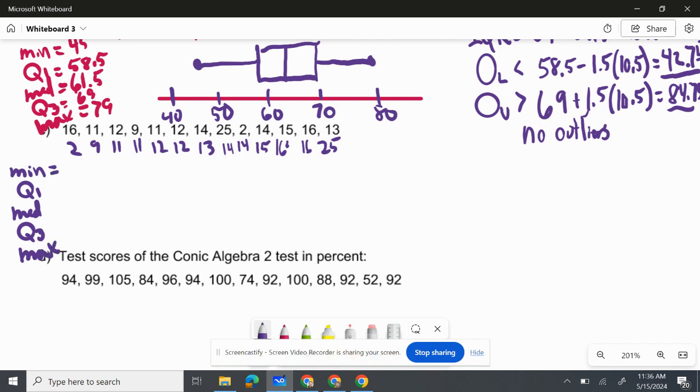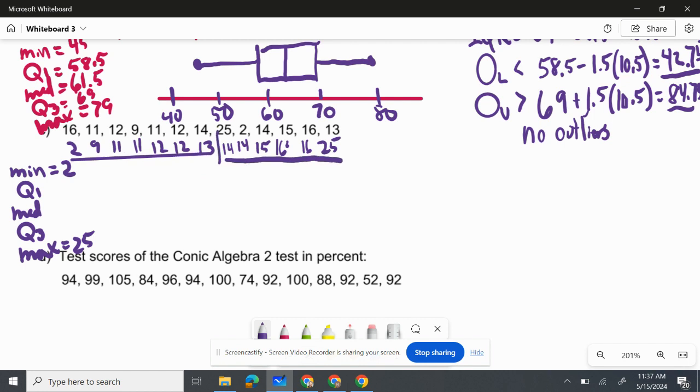So our minimum is 2, our maximum is 25. And when we count the numbers, 1, 2, 3, 4, 5, 6, 7, 8, 9, 10, 11, 12, 13. So we're going to go 6, and then we're going to go 6.